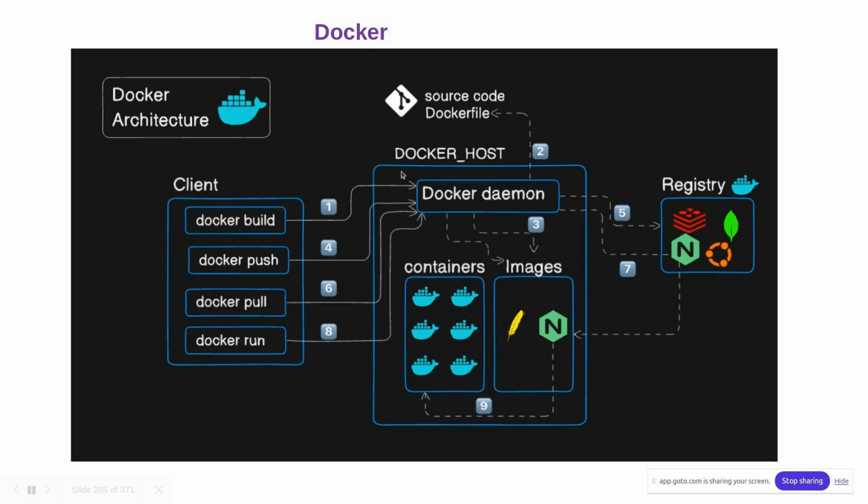We are running all the commands on the Docker host. As soon as we run the docker build command, it will create the image. After creating the image, we can push it, and the docker push will store the image on the specific registry.